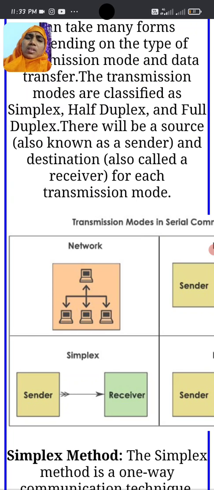If we want to send 256 bits of data, we can send it through a single wire. So serial communication is very much preferable.